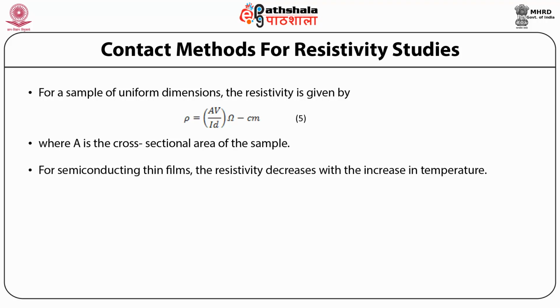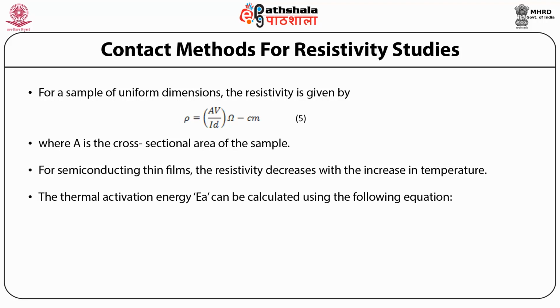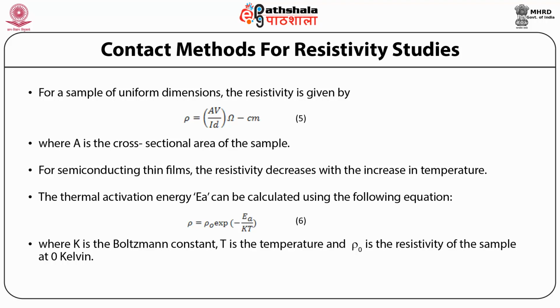For semiconducting thin films, the resistivity decreases with the increase in temperature. The thermal activation energy EA can be calculated using the following equation, which is rho equals rho naught times exponential of minus EA by kT, where k is the Boltzmann constant, capital T is the temperature, and rho naught is the resistivity of the sample at 0 Kelvin.